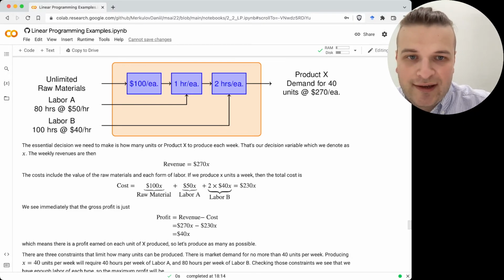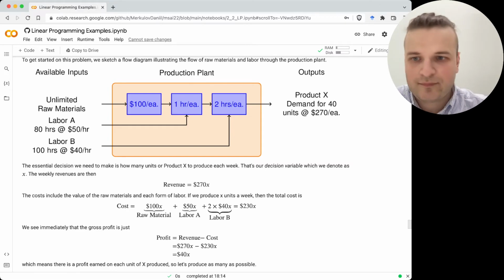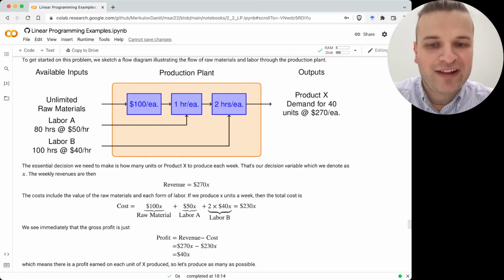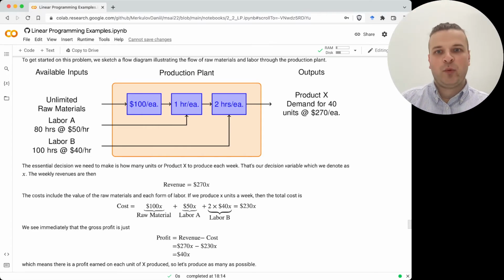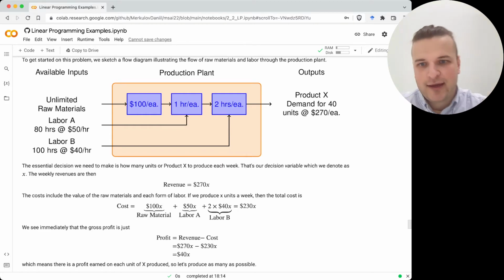The cost is split between some inputs like raw material and cost of labor. For example, we have 2 types of labor, production and marketing, let's say.